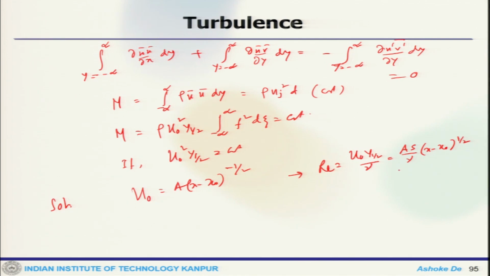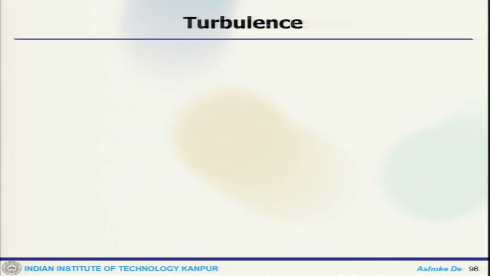So, this increases with s. Now, the solution of the resulting equation will give you 2 alpha square f square f prime f equals f double prime, where alpha square is 1 by 4 A C R_E.